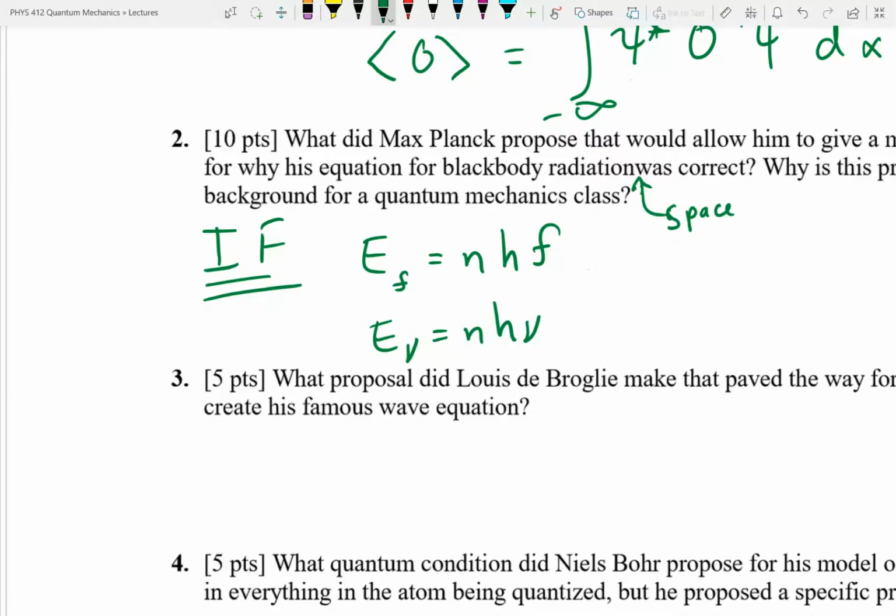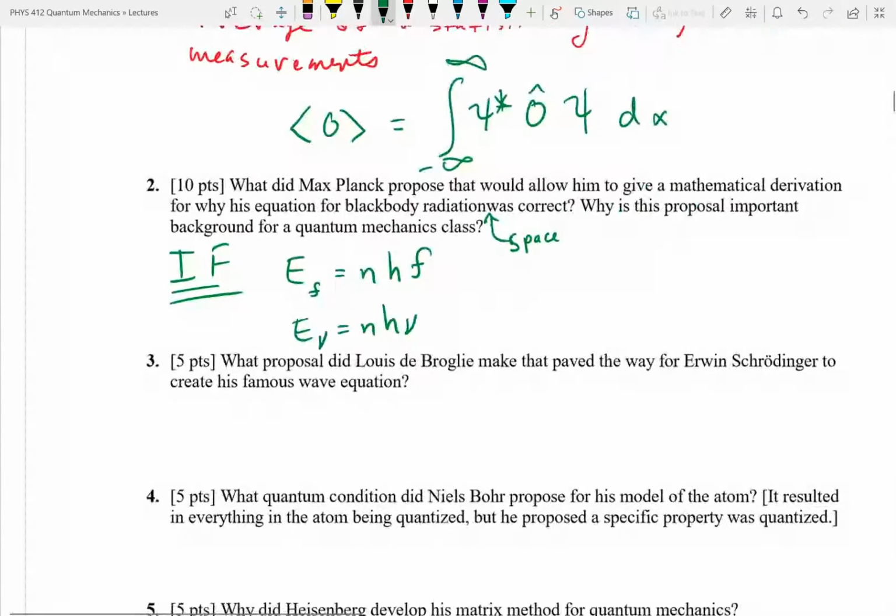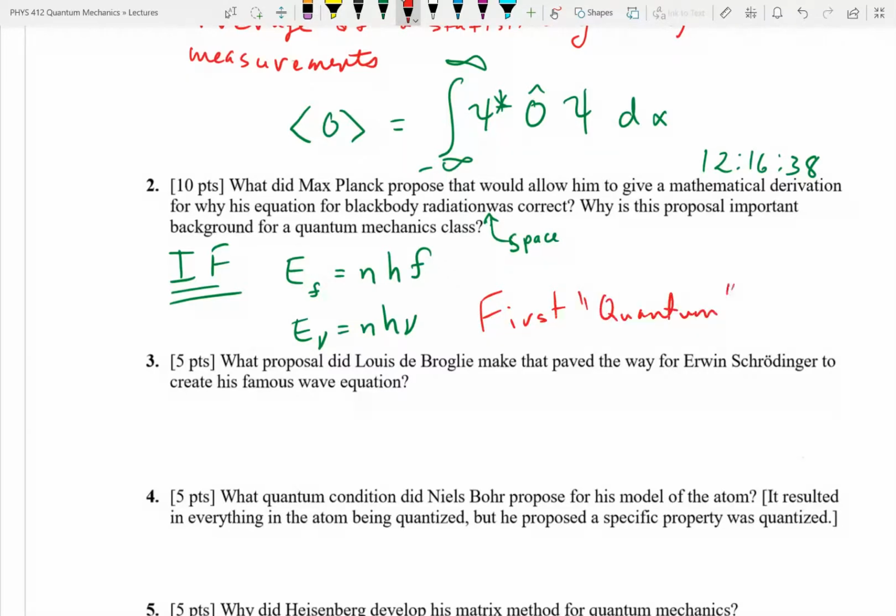So he proposed that, and it was important because that was the first quantum hypothesis.